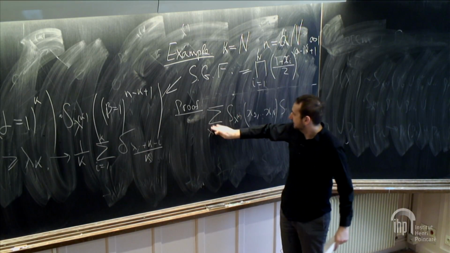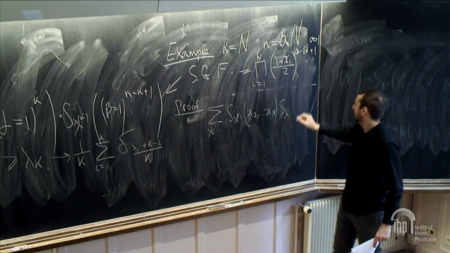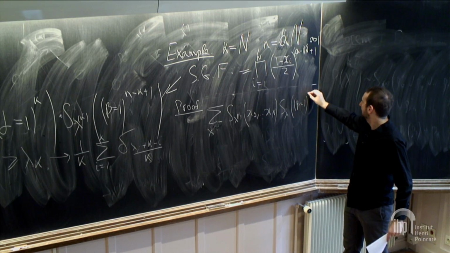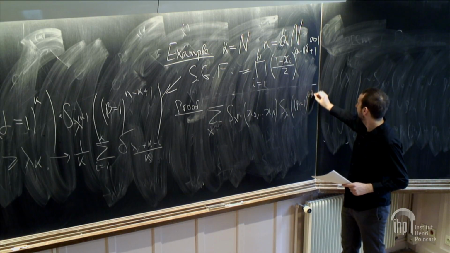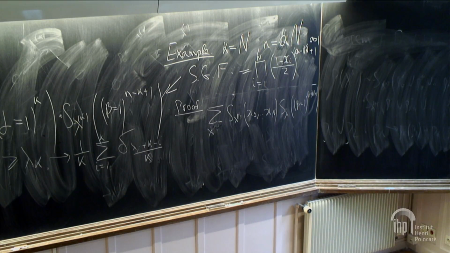And let's have lambda just to reduce the notation, s lambda of beta equals 1, a minus 1, n plus 1. OK, so we need to compute this sum.